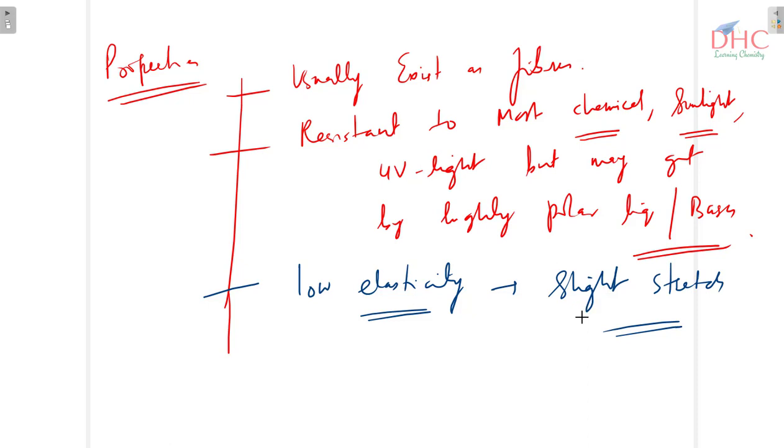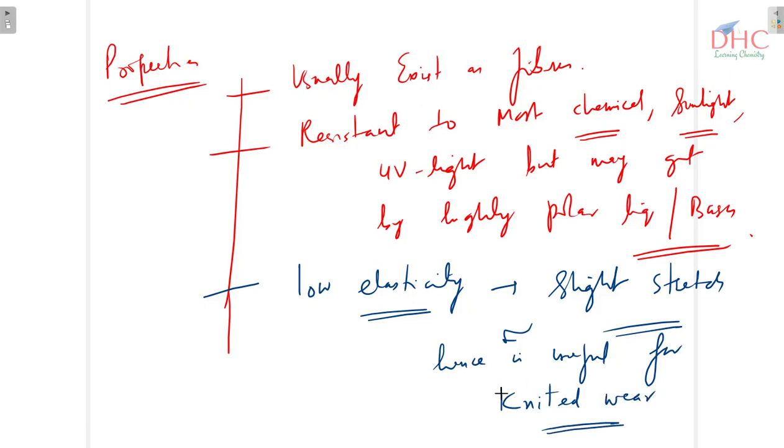Hence it is used for knitted wear. Knitted wear means you are making clothes of it. आप clothes को woven कर रहे हैं, बनाते हैं, तो it's essential for that. So knitted wear.